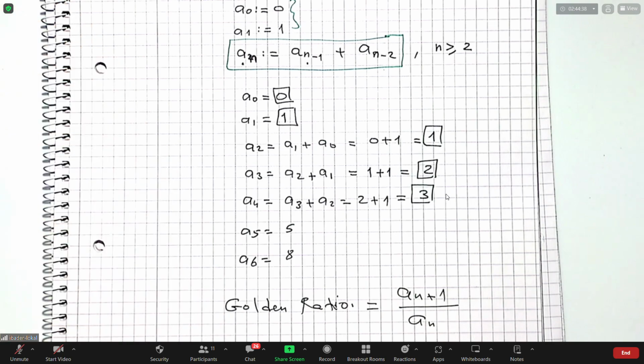If you take larger numbers, it will be at some point almost a constant. And this is what's referred to as the golden ratio, roughly 1.618. And you can Google it. As I mentioned, it has applications all over our life, in nature, and so on.